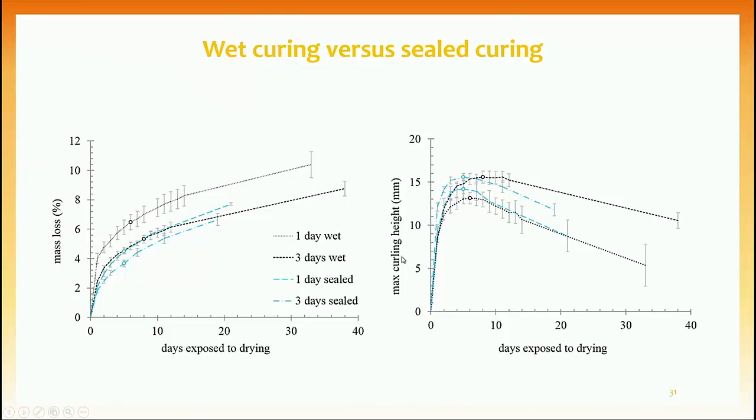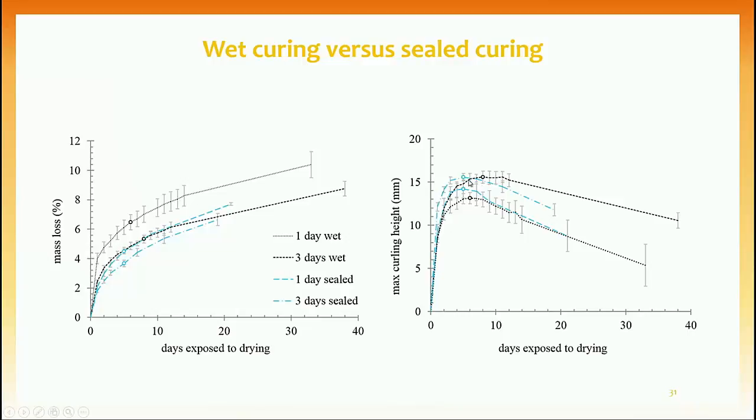And this is the maximum curling height, and you can see their differences are very small. Basically there is no statistical difference between the 1 day wet curing and 1 day seal curing, and there is no statistical difference between the 3 day wet curing and 3 day seal curing.